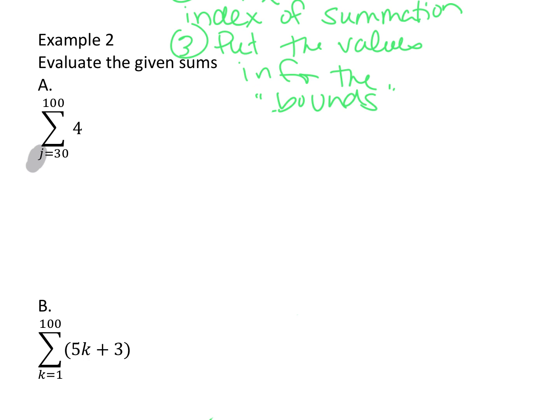Okay, so our bounds were 30, and you arrow up to get to that top one, 100. And then now put the expression that they have there. So our expression for us is 4.